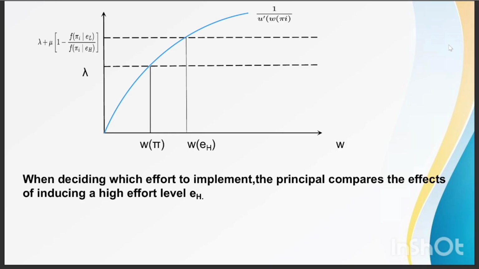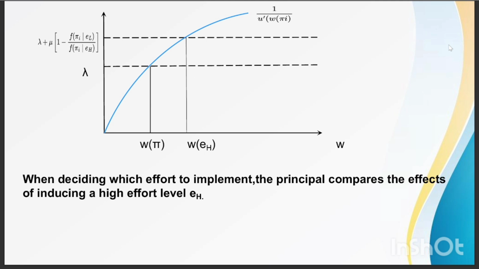Here we have a graph which is effort versus wage. On the x-axis we can see effort and on the y-axis we can see the wage. There are two lines or curves. One is for symmetric information and the other is for asymmetric information.